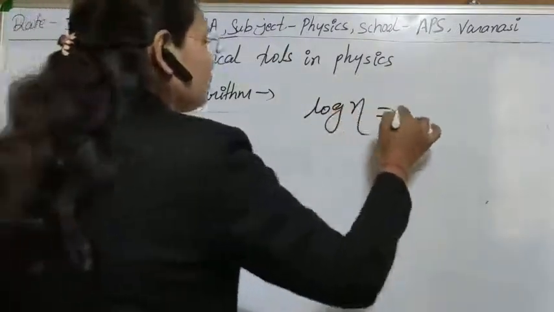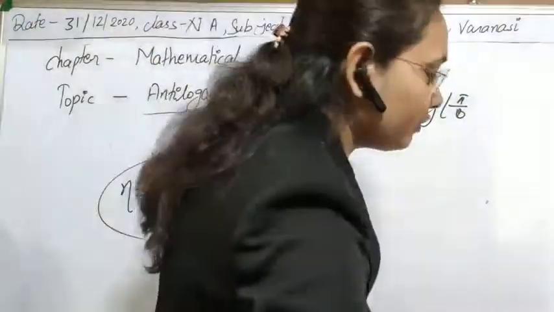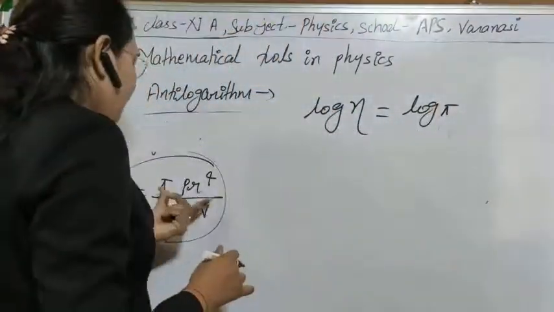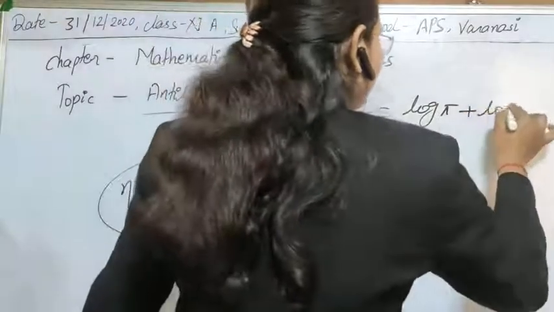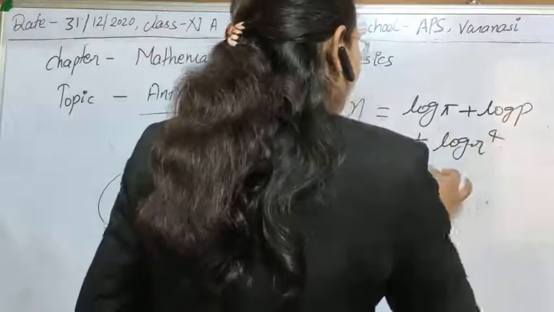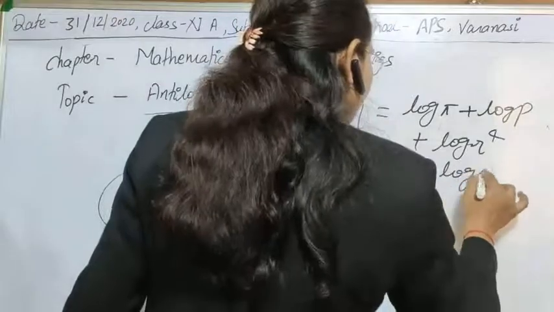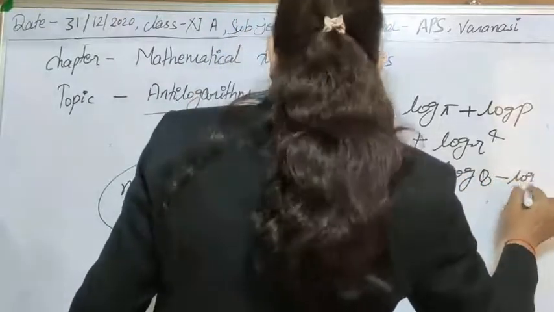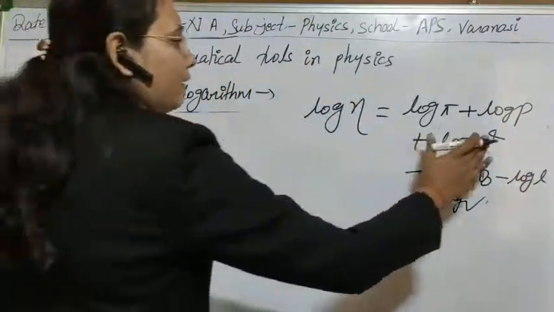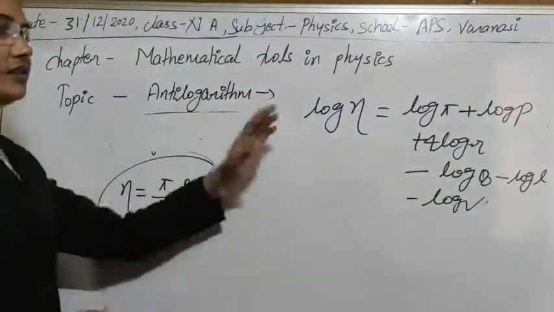Log eta is equal to log pi P r to the power 4 upon 8 L V. First of all, let's put the upper value: log P plus log r to the power 4, and then minus log of 8, minus log of L, minus log of V. Now all the values we have, and you know the properties of log, so it is very easy.